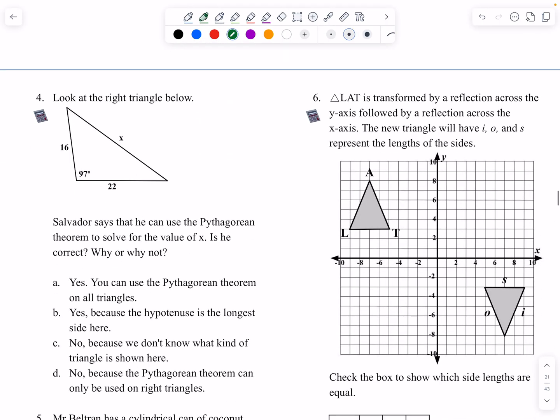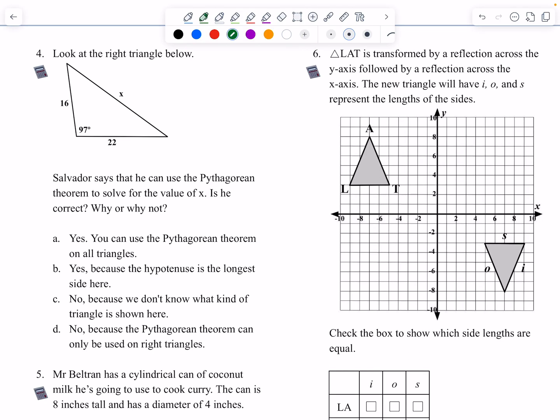Moving on. Look at the right triangle below. That ain't no right triangle. That's a lie. Okay, can you see why? I can. Salvador shows he can use the Pythagorean theorem to solve for the value of x. Is he correct? Why or why not? So can you use the Pythagorean theorem automatically? No. So why not?